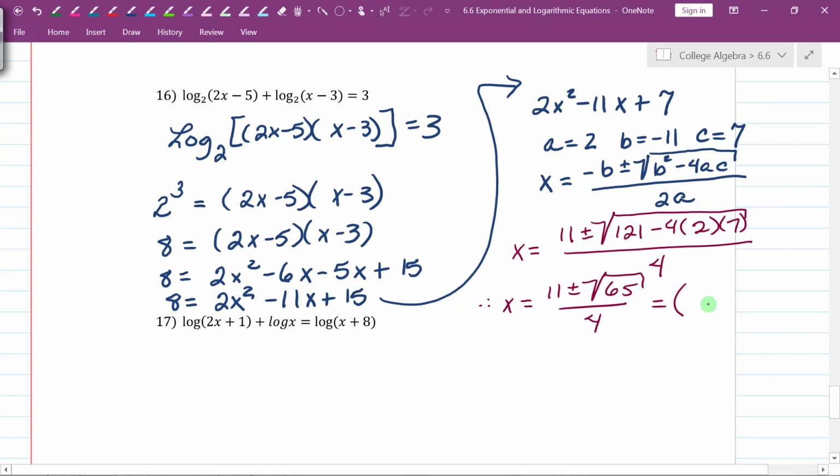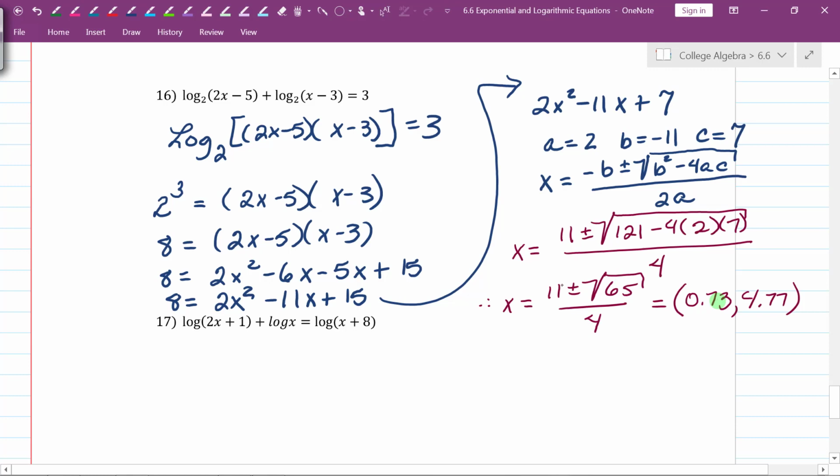And that's going to equal my lower number. The lower number that it could equal is 0.73. The higher number that it can equal is 4.77. What that means is I have a positive and a negative right there. So if I go 11 minus the square root of 65 divided by 4, that's going to equal 0.73.